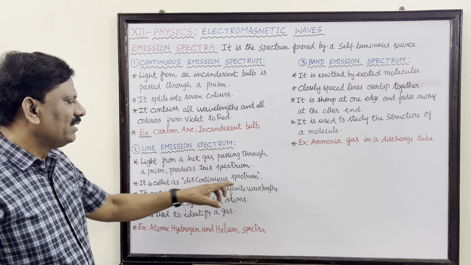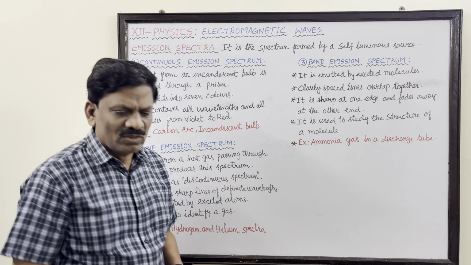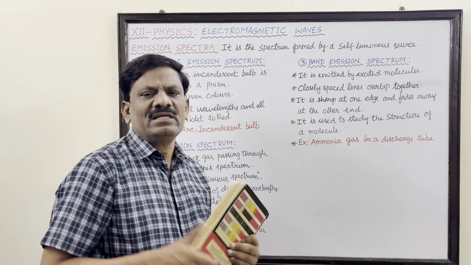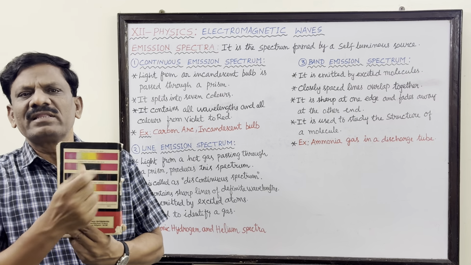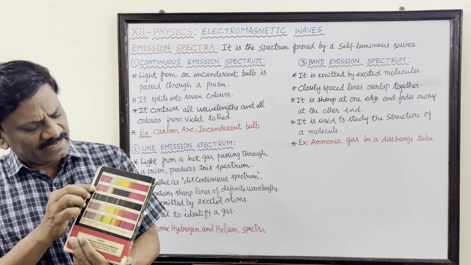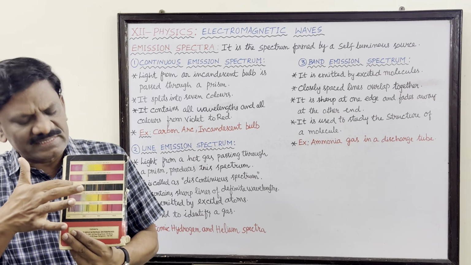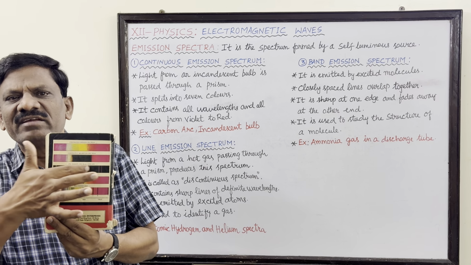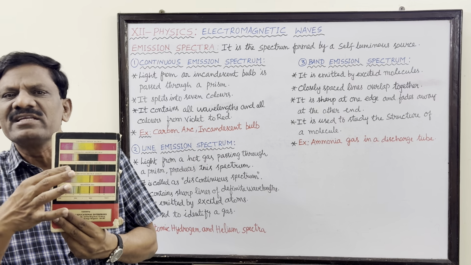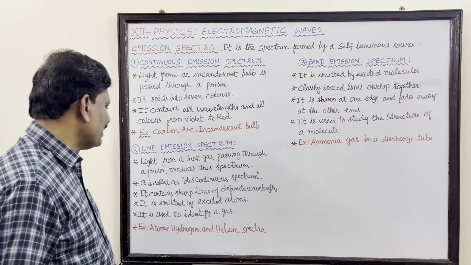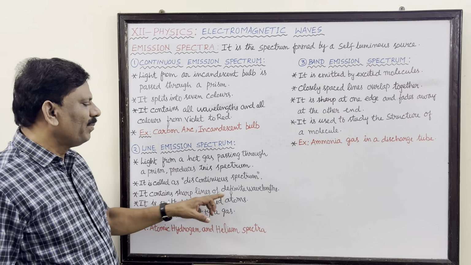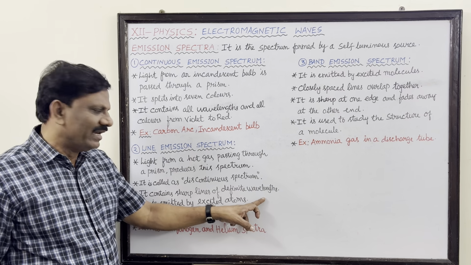It is also called discontinuous. Why is it called discontinuous? As I already told you, in a continuous spectrum, each color merges over the other colors. But here there are clear and distinct lines. The picture you are seeing from the top is a line spectrum. So it contains sharp lines of definite wavelength.